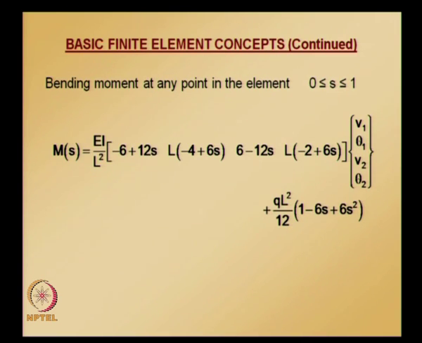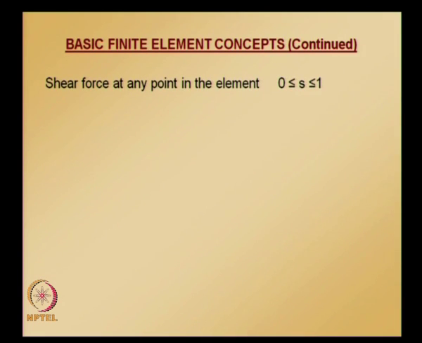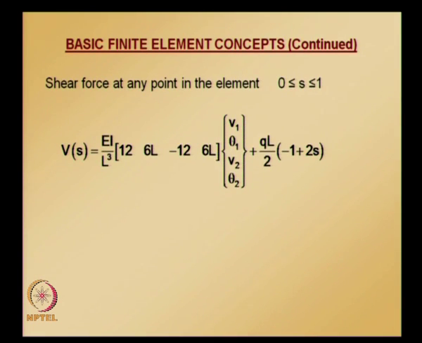Please note that here this fixed end solution corresponds to uniformly distributed load, and if you have some other load, then we need to add the fixed end solution corresponding to that particular load. And for shear, we need to add the correction factor, which is the second term in this equation.